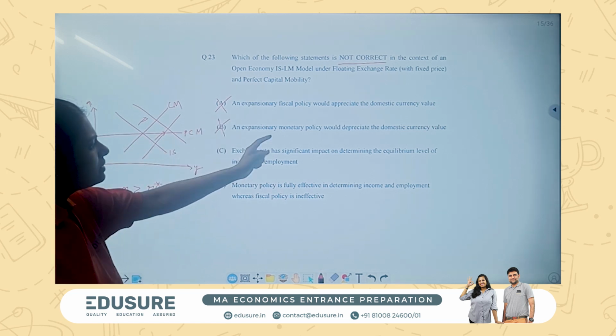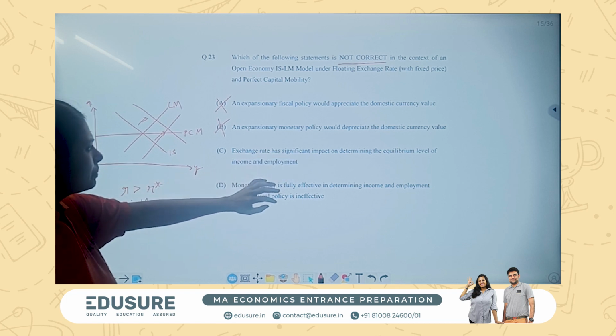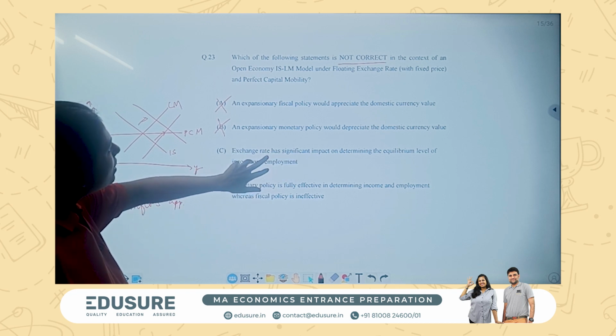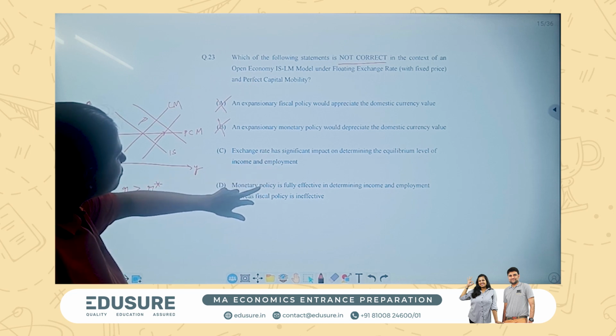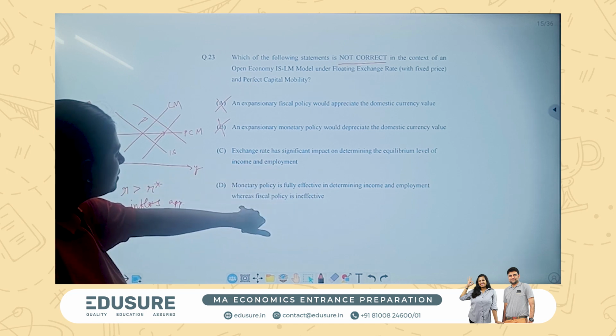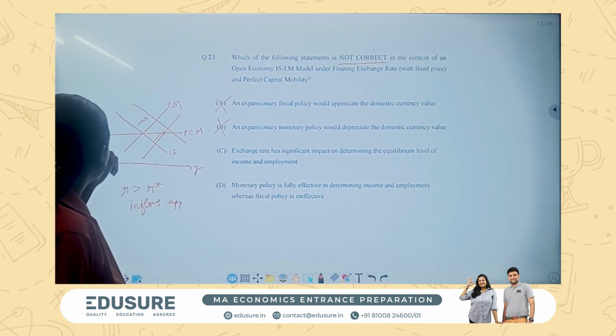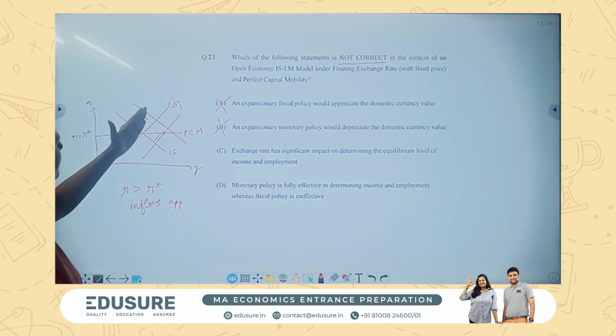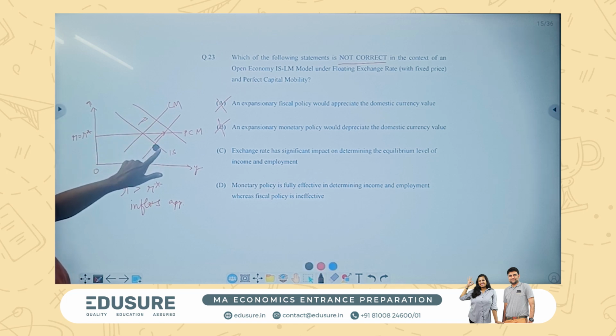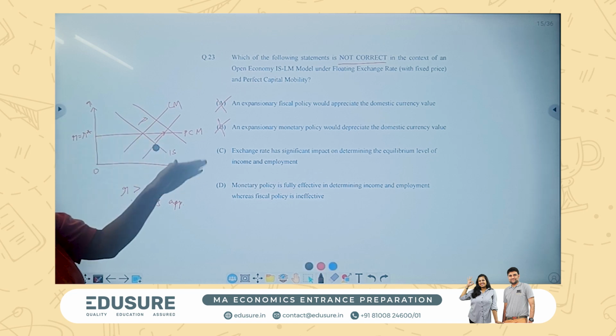Exchange rate has significant impact on determining the equilibrium level of income and employment. Monetary policy is fully effective in determining income and employment, whereas fiscal policy is ineffective. In case of an expansionary monetary policy, the LM shifts out, R is less than R star. If R is less than R star, there will be capital outflows, exchange rate would depreciate.